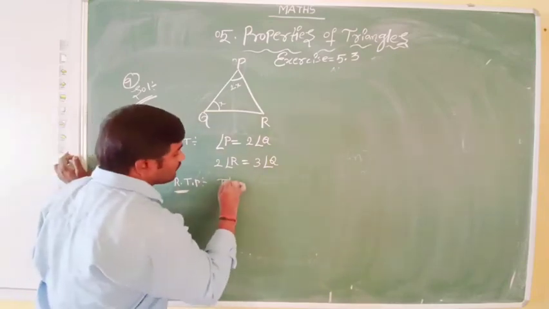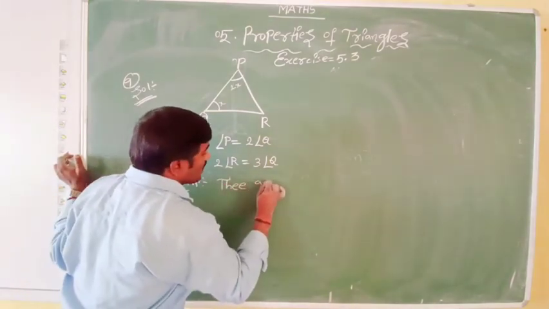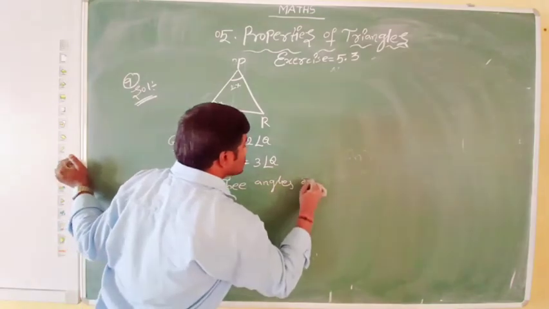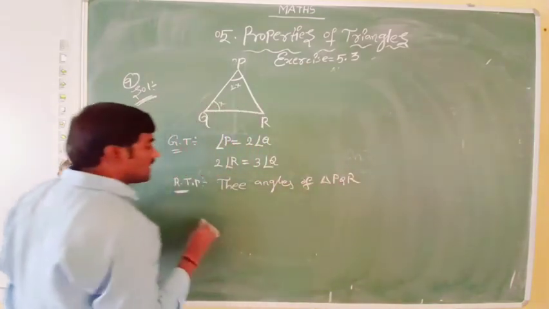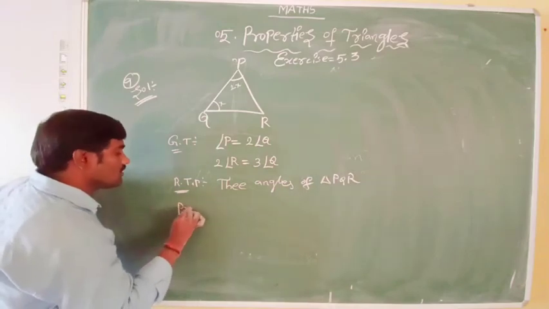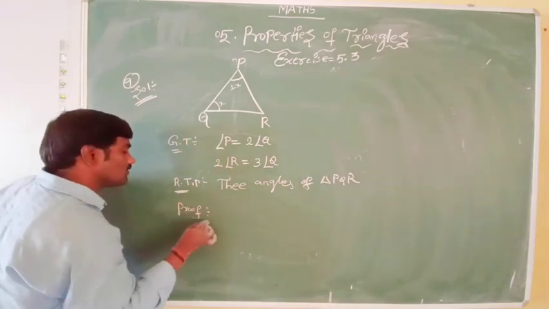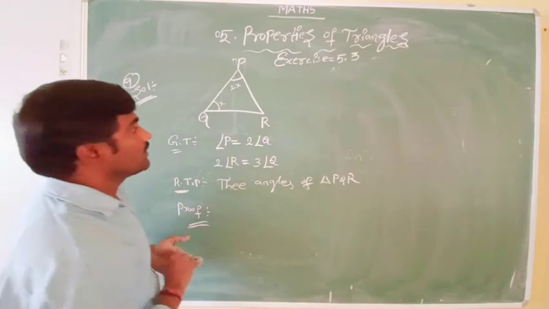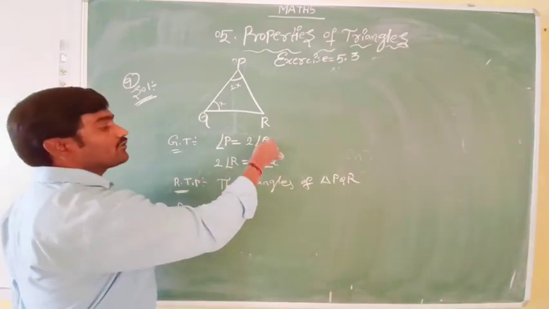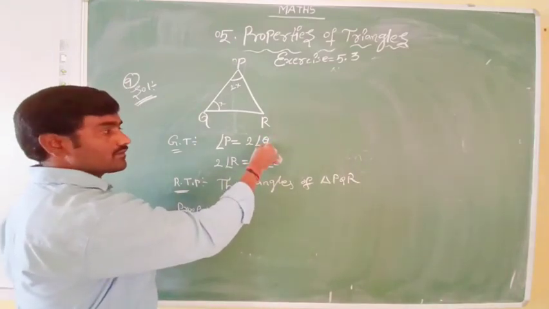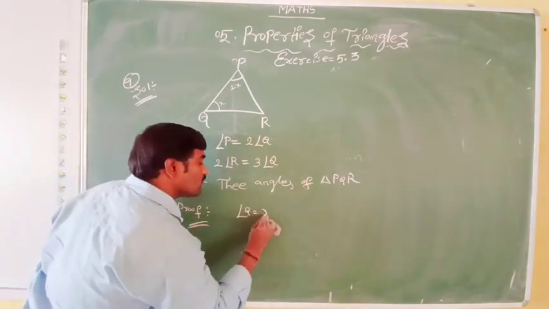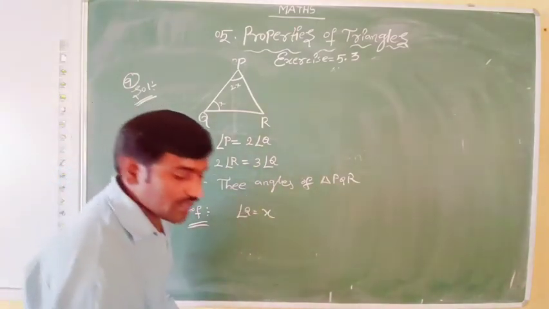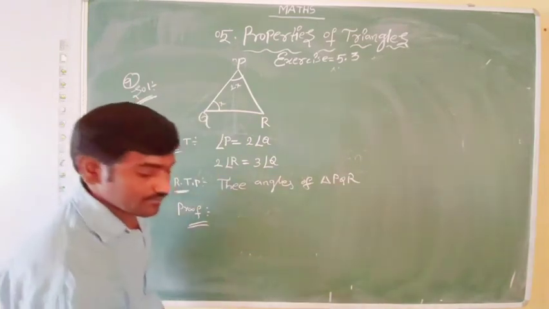The 3 angles of triangle PQR. Let us assume angle Q equal to x.